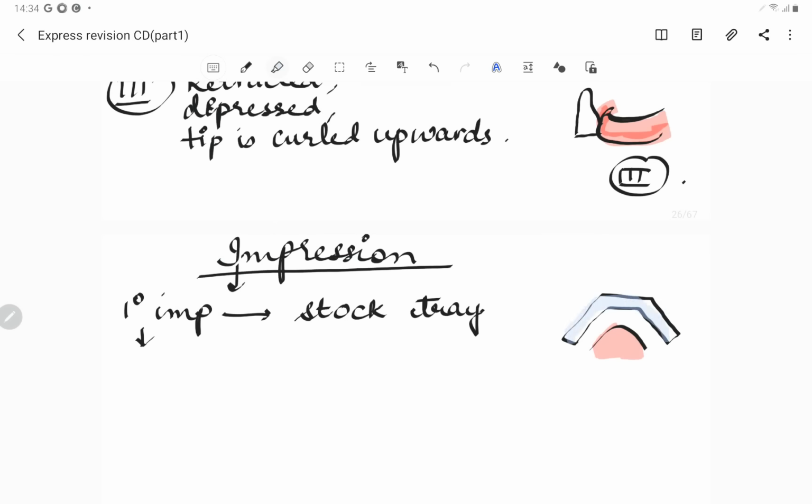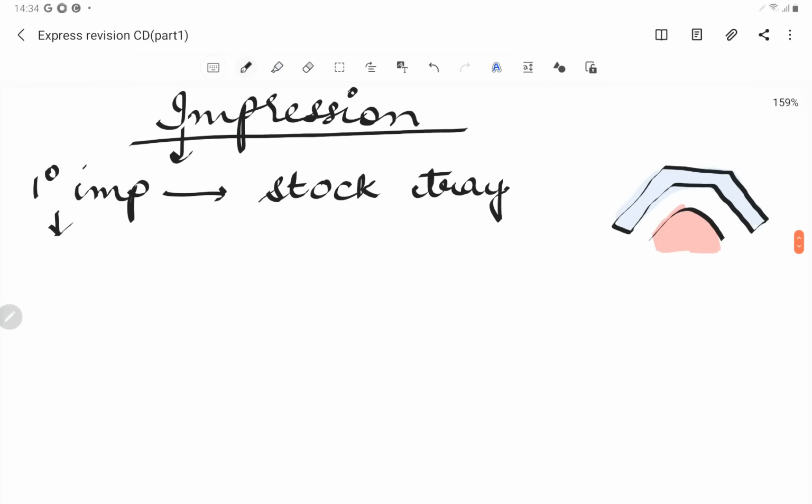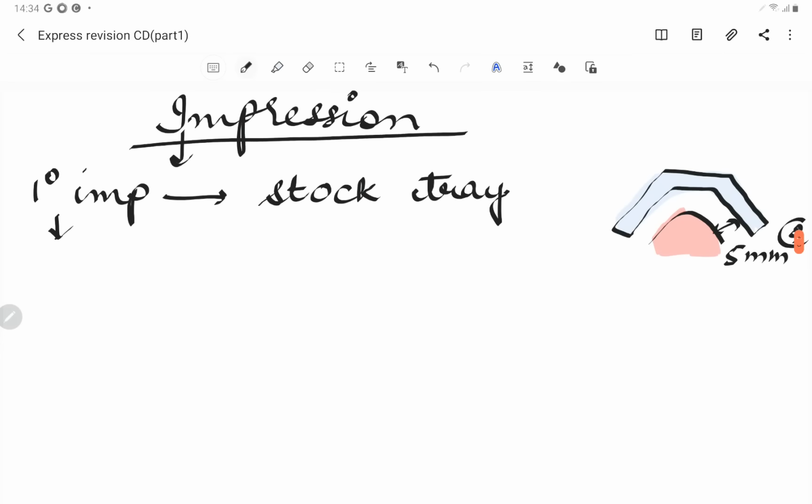So the space or the clearance between the stock tray and the ridge is usually 5 millimeters, right. So the clearance between the ridge and the stock tray.